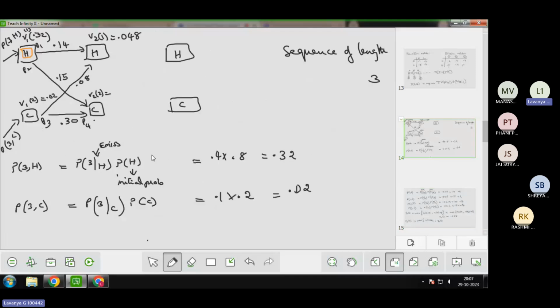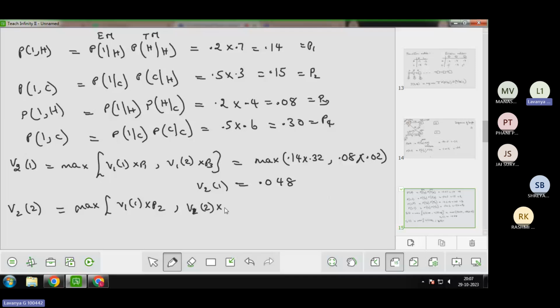V1 of 2 into my P4. This value will be the maximum of V1 of 1, 0.32 into 0.15, comma 0.3 into 0.02. Obviously, it is the first one. So my V2 of 2 will be equal to 0.048.